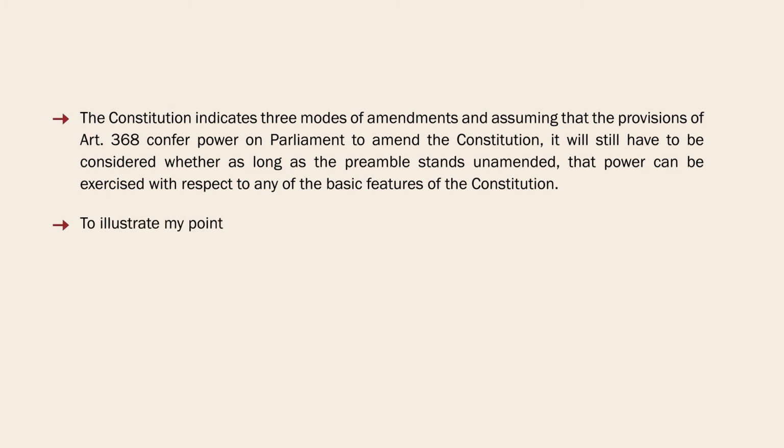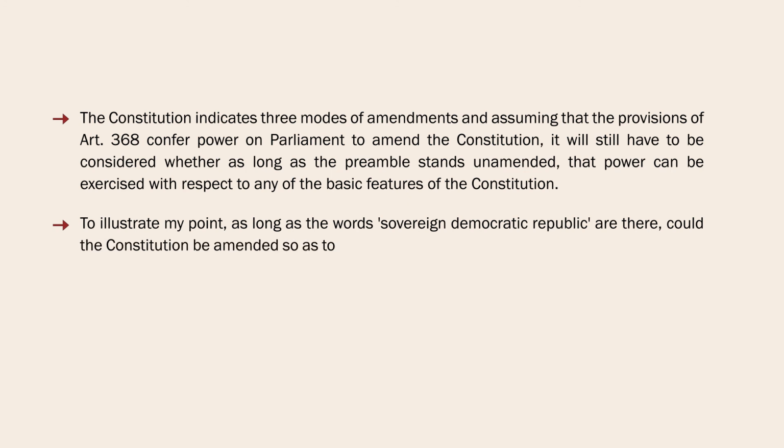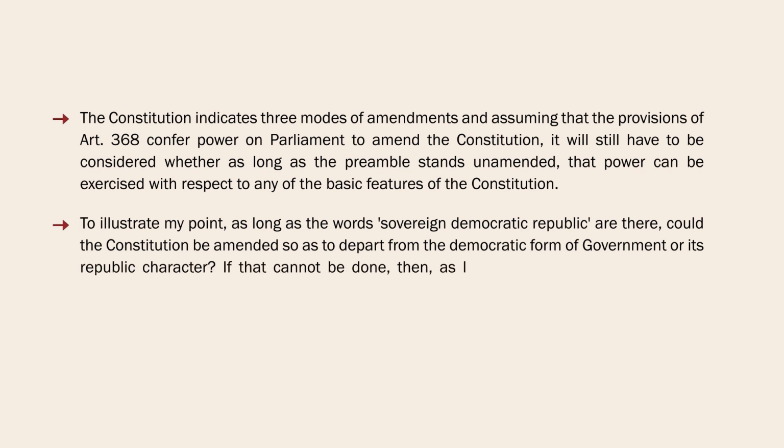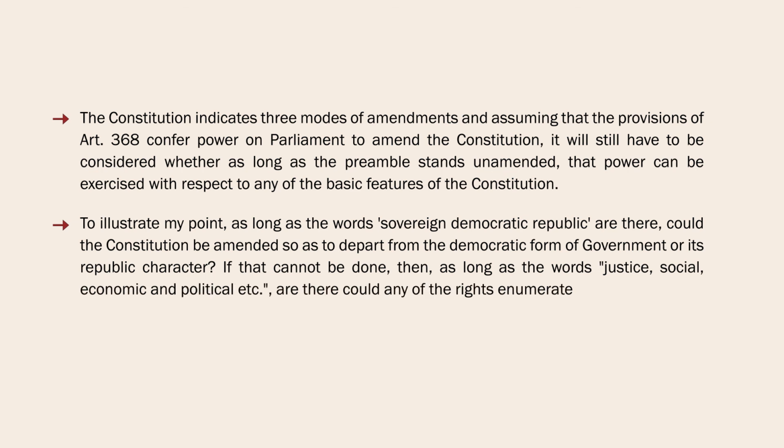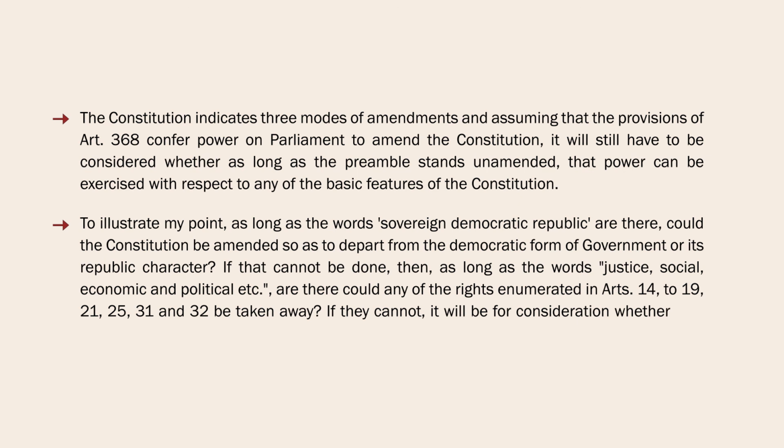To illustrate my point, as long as the words sovereign democratic republic are there, could the Constitution be amended so as to depart from the democratic form of government or its republic character? If that cannot be done, then as long as the words justice, social, economic and political are there, could any of the rights enumerated in Articles 14 to 19, 21, 25 and 31 and 32 be taken away? If they cannot, it will be for consideration whether they can be modified.